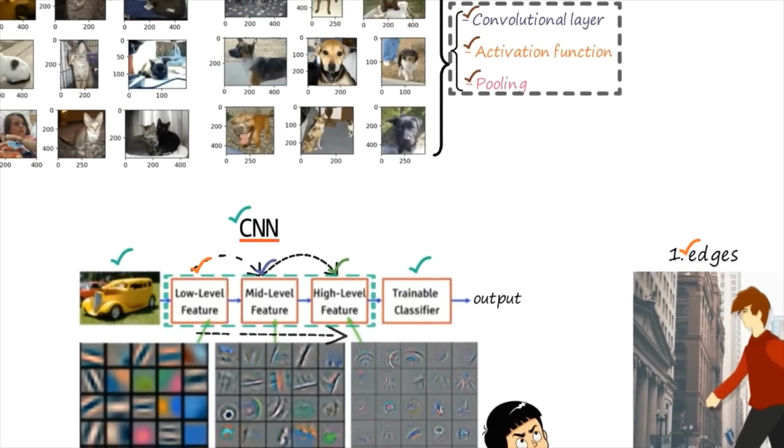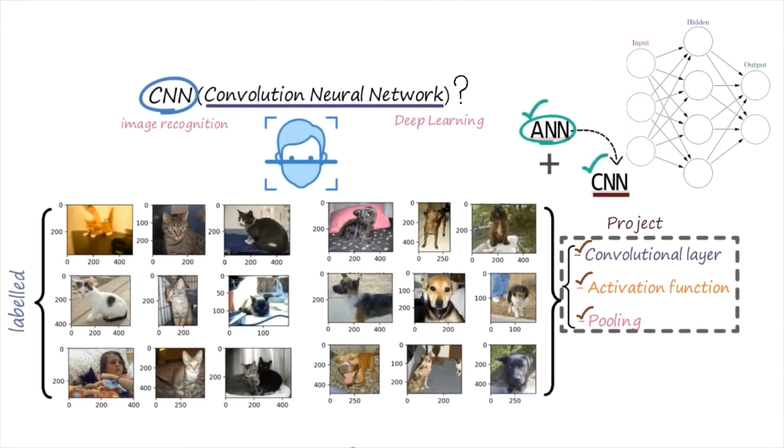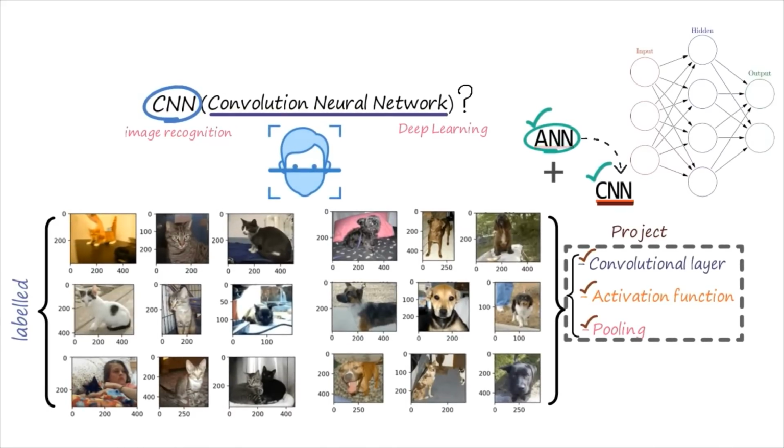As I have discussed, whenever we are talking about CNN, the first step we have to understand is the convolutional step that the CNN will follow.